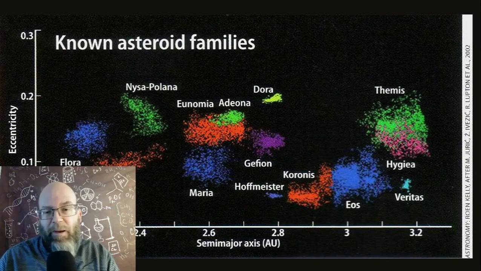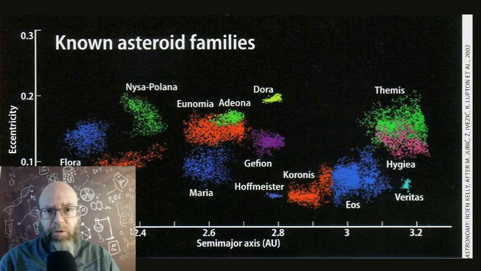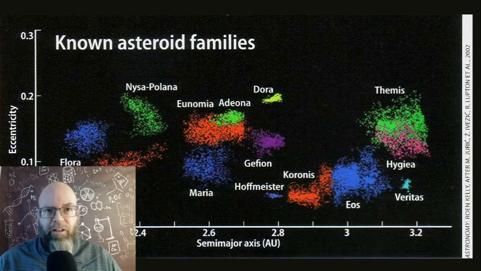And those family members are relatively close to each other. Now, when I say relatively close to each other, some are separated by 10 million miles, right? Because 1 astronomical unit is 93 million miles across. And so the dispersion of asteroids are in these sort of clumps, or you could think of them as clouds.